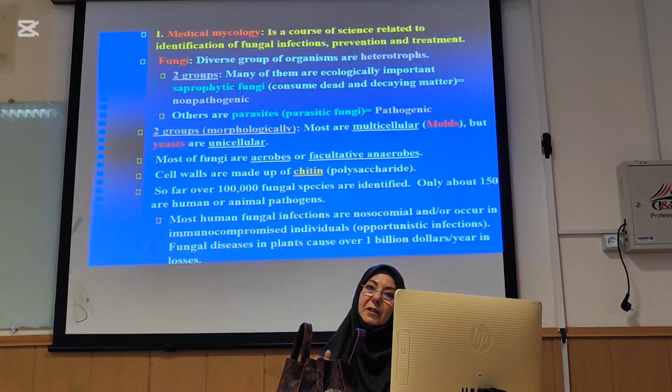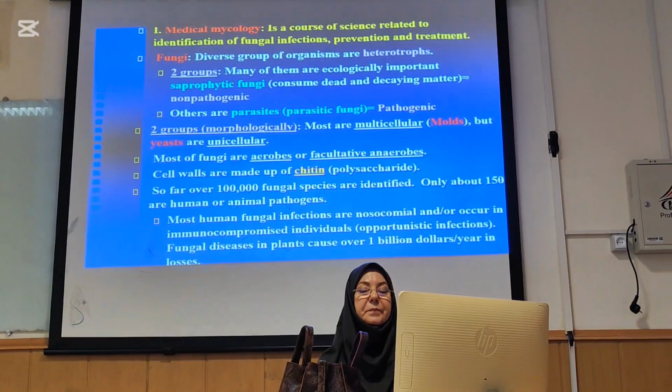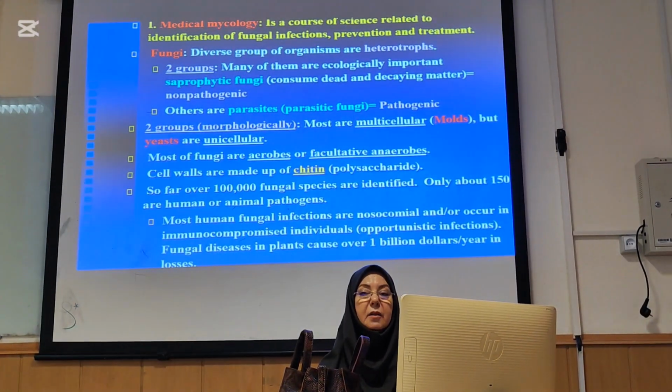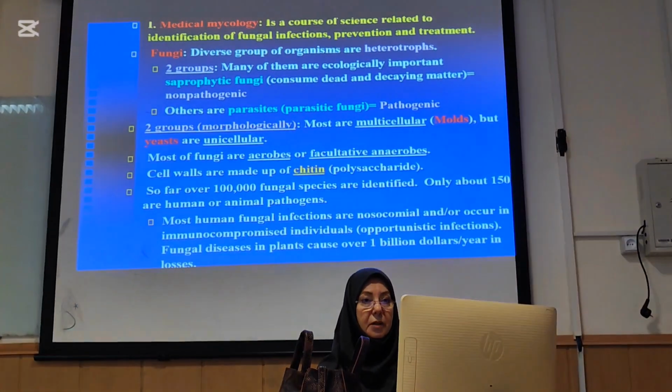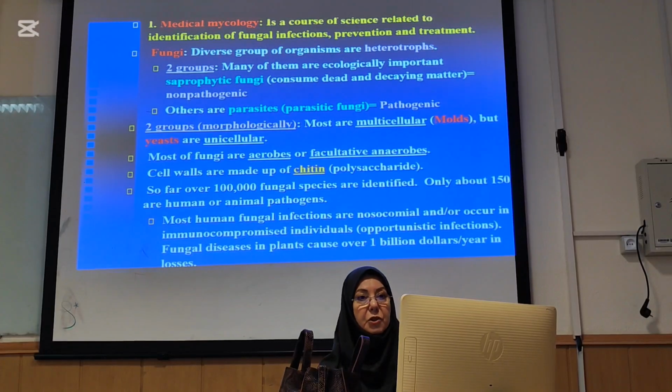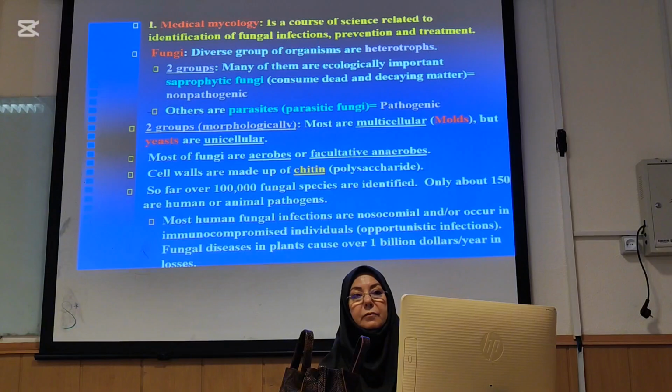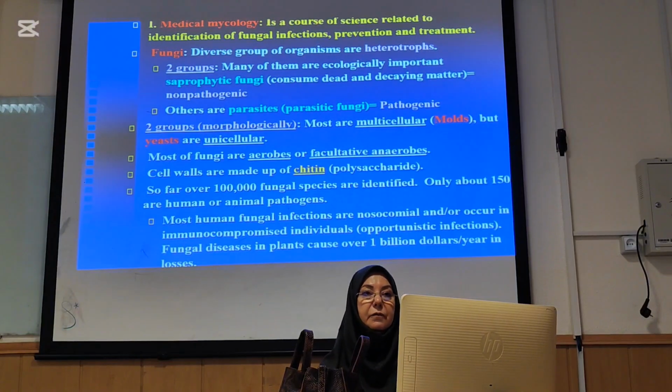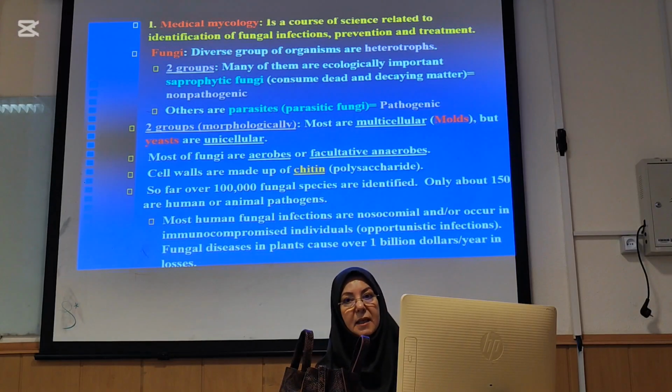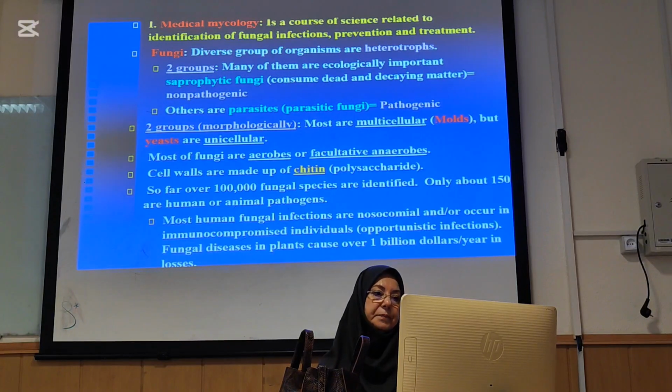Another group of fungi are named parasitic fungi. Parasitic fungi are pathogenic fungi and can be fatal or cause disease in all individuals, such as immunocompetent and immunocompromised. So we have 2 groups: saprophytic fungi and parasitic fungi.